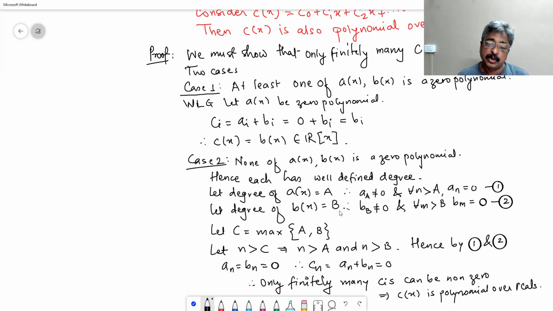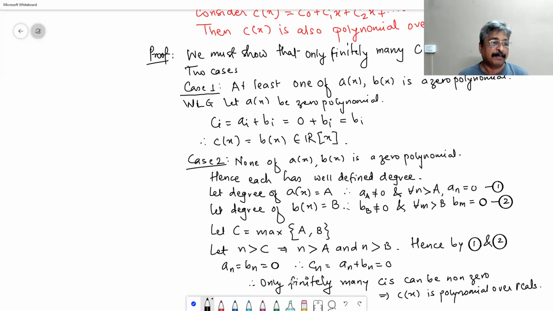Now amongst these two, capital A and capital B, you choose the maximum one. Then if you choose n which is greater than C, n is going to be greater than both of them, a and b. Hence an and bn will be 0, so cn also will be 0.